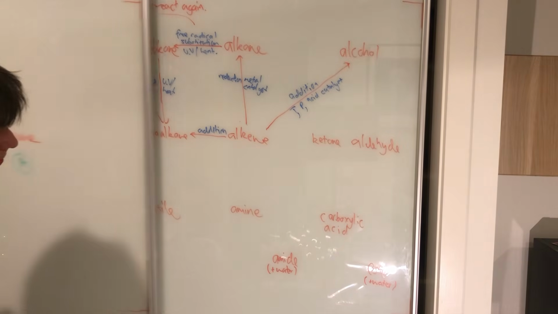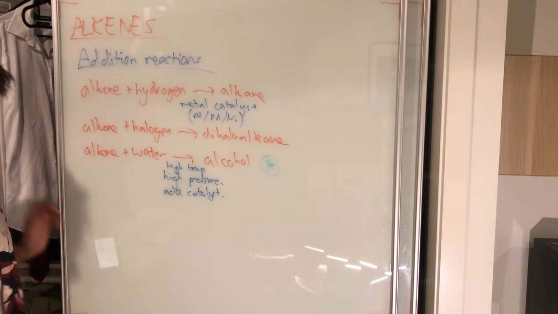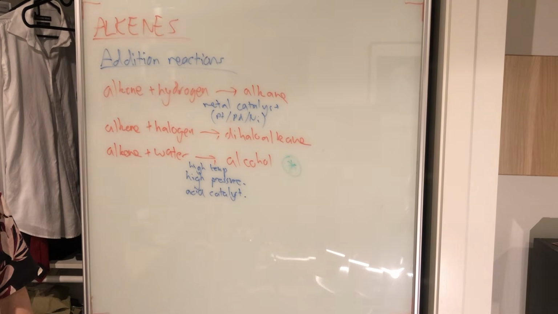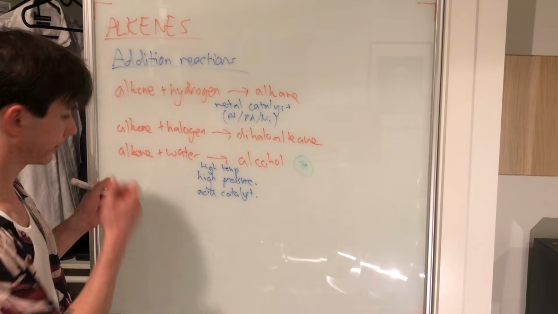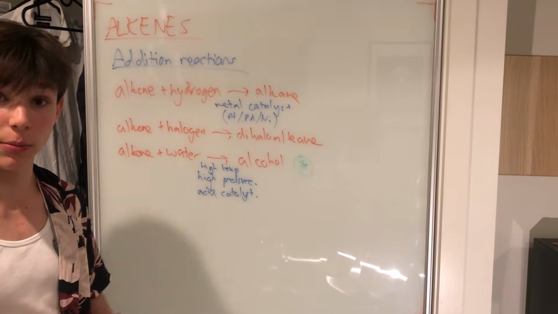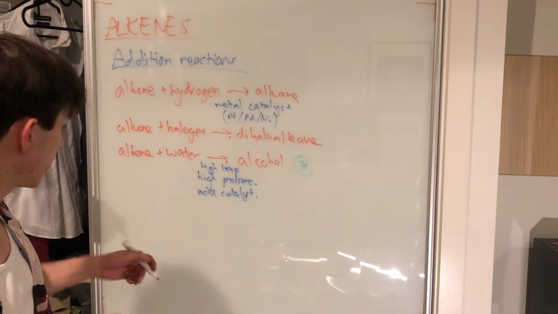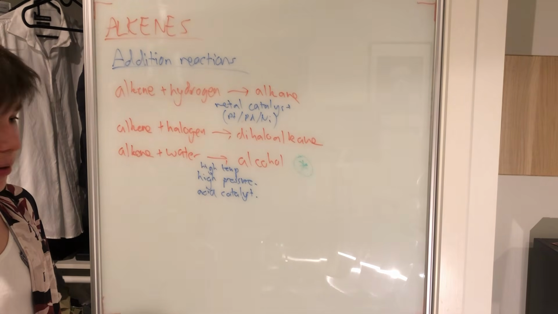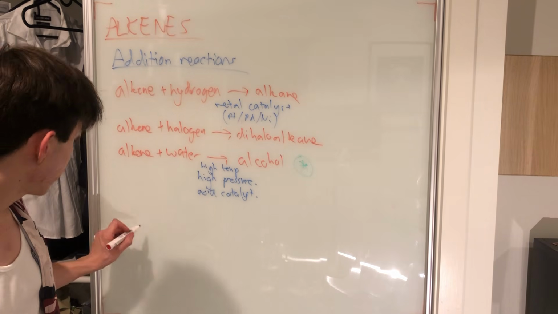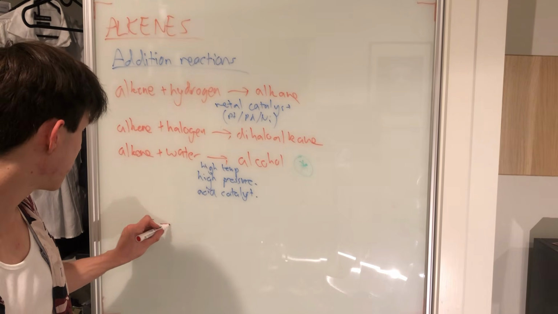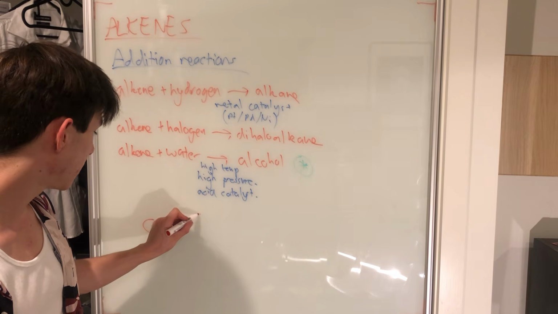Now there is one more thing that we can add across the double bond, and that is a hydrogen halide. So those hydrogen halides that we were forming earlier as a byproduct, like HCl, HBr, HI, let's use propene again as an example, because it's asymmetrical.